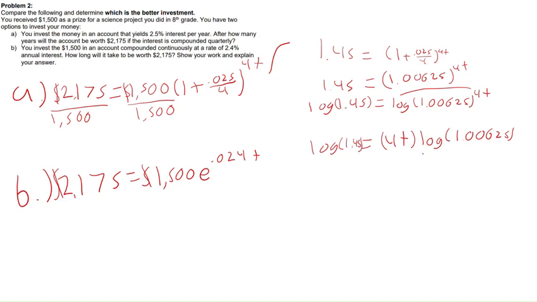Now we can divide both sides by this number right here, log 1.00625, and what this will do is isolate the 4t.